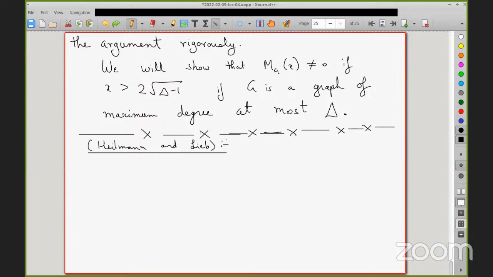So the family of graphs that we have is the following.